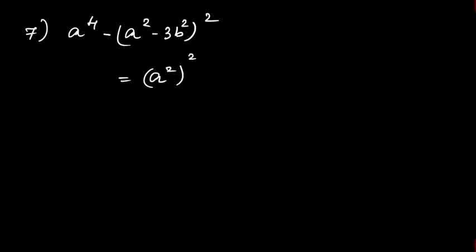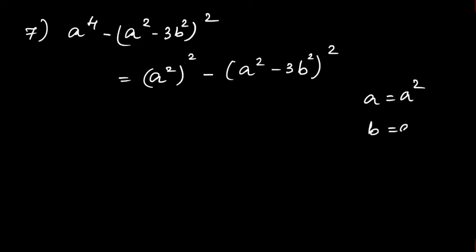Seventh question, factorize a power 4 minus a square minus 3b square the whole square. So a power 4, you can write it as a square the whole square minus a square minus 3b square the whole square, and here a value is a square and b value is a square minus 3b square. Substitute in the formula a plus b, we get a square plus a square minus 3b square.